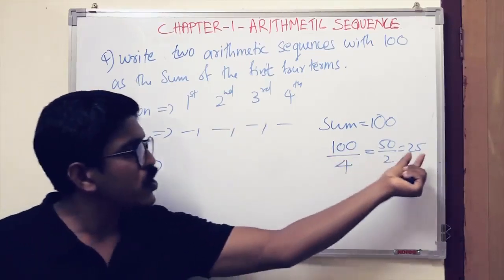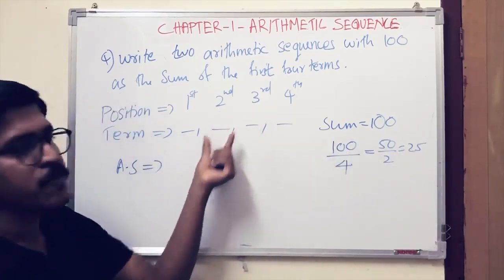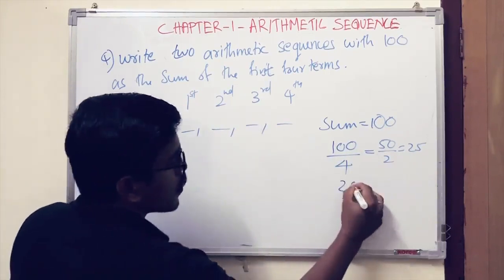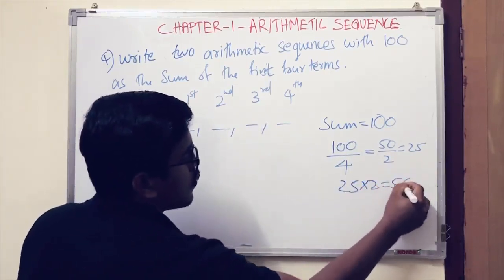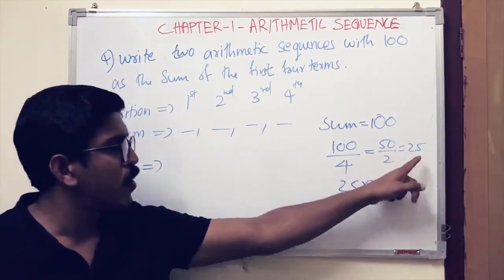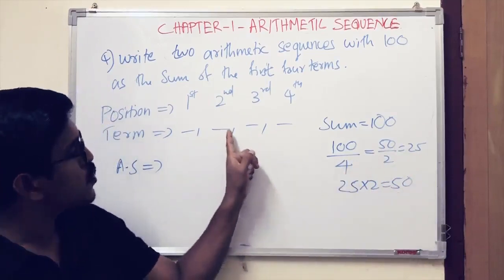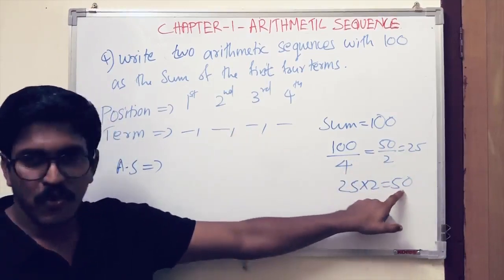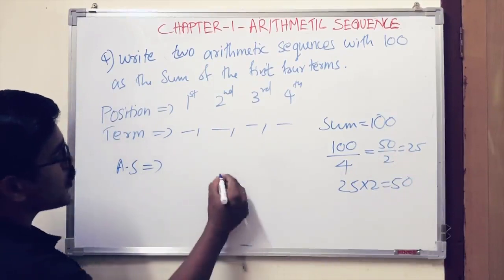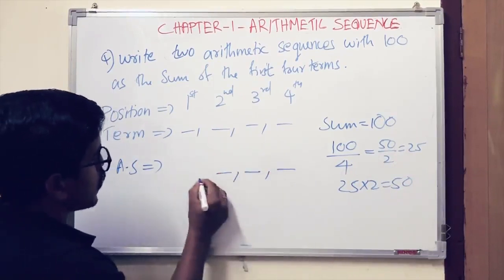That is, 25 is the average of the middle 2 terms. So the sum will be 50. The average is 25, then the sum of the middle 2 terms will be 50. So we can fix the middle 2 terms' sum as 50 right now.